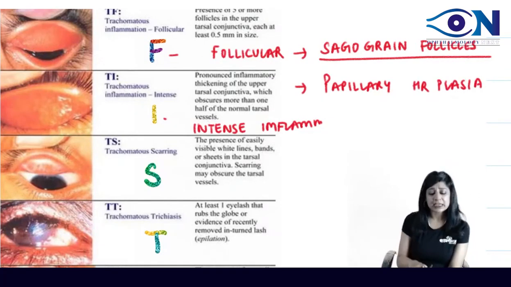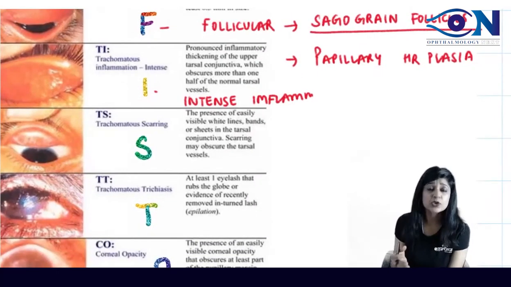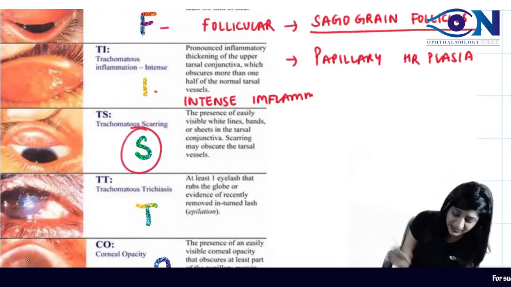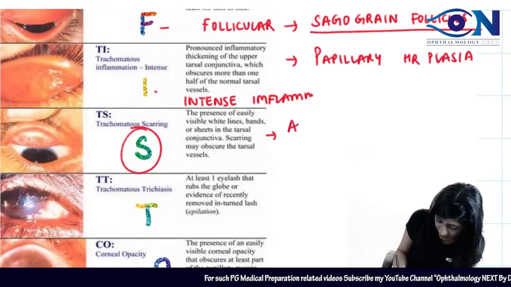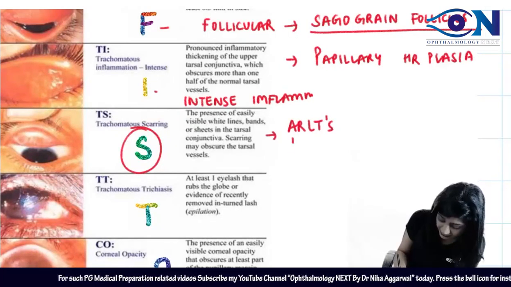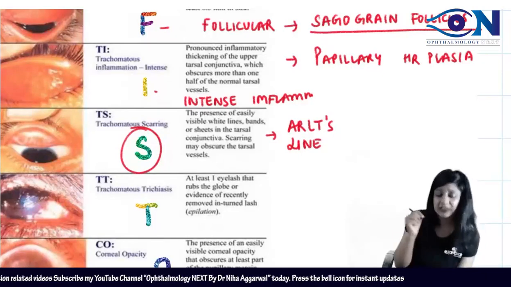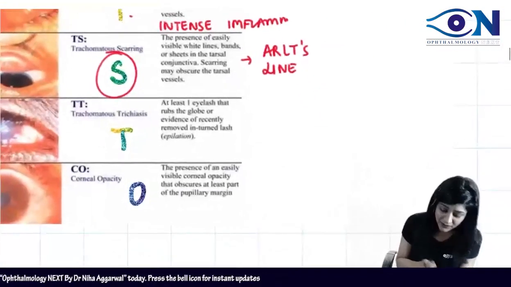So you have already seen that we are having the sago grain follicles, we are having the papillary hyperplasia, and then S is pretty simple. S is for scarring, in that we were having the Arlt's line.